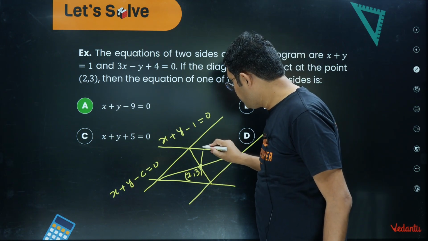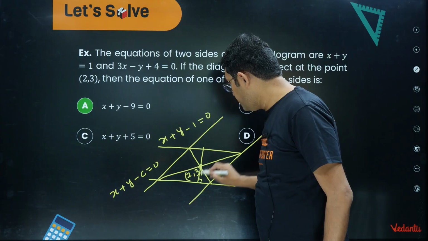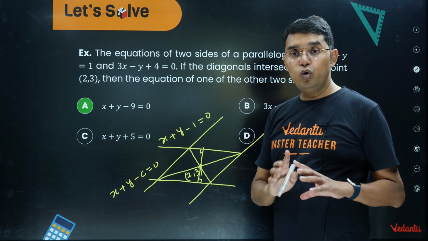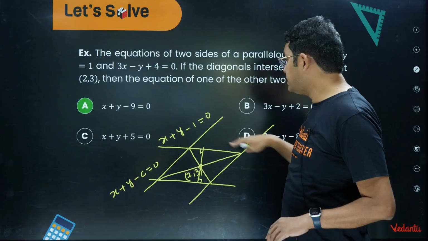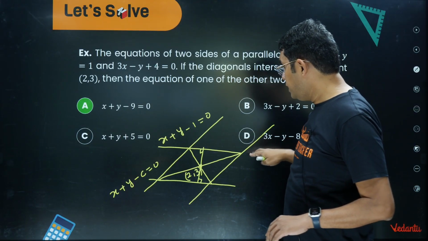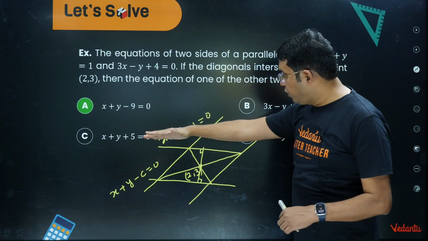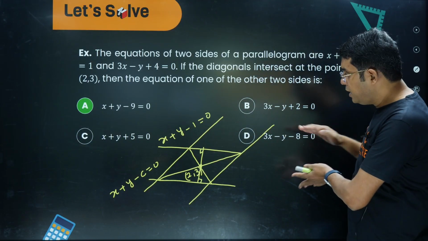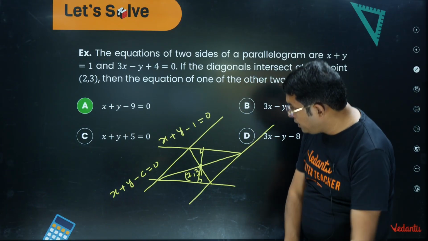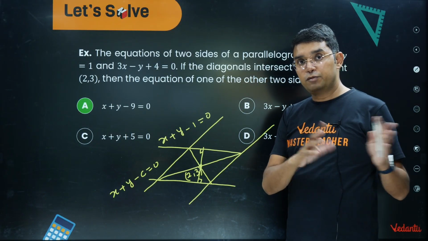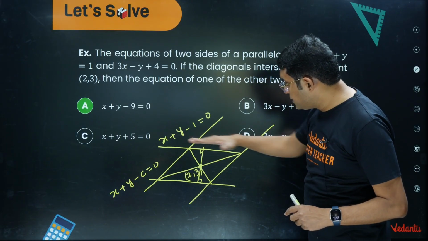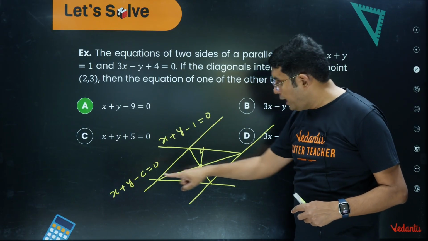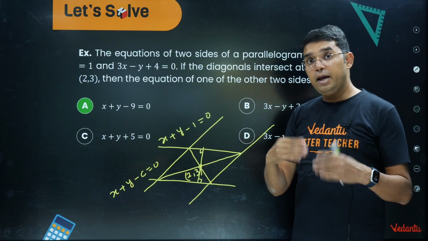The perpendicular distance from here and the perpendicular distance from here should be the same. But (2, 3) should be lying on opposite sides of these lines. For this line (2, 3) is lying below, and for this line (2, 3) is lying above.